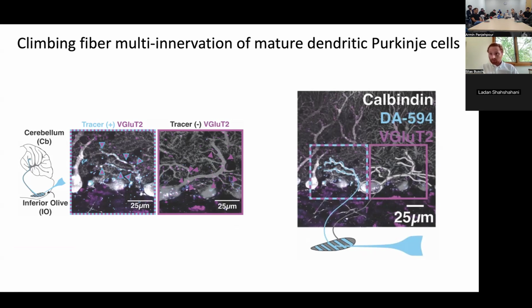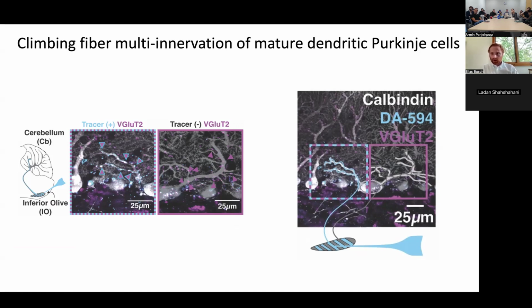But you really have to look for it, and it hadn't been reported. So this is the first real documentation that this phenomenon happens in the adult animal, and it conforms with our hypothesis about how the dendritic structure might influence that.